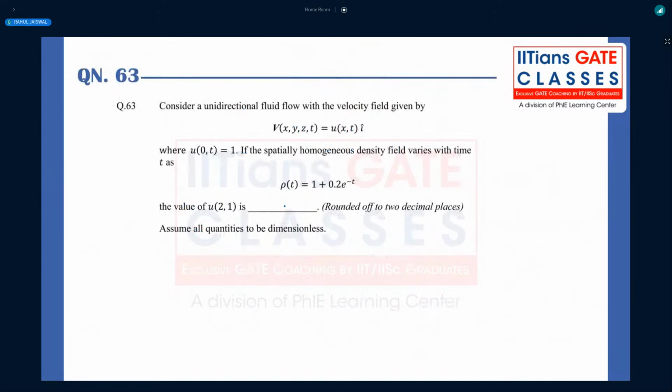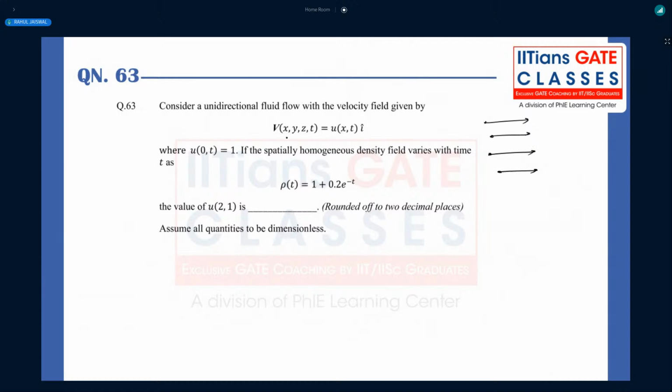Now moving on to this question. Once again, it is a very easy one if you know the general continuity equation. If you see this question, consider a unidirectional flow field, meaning the flow is happening in one direction, and we are not bothering about the other directions, given by the flow field U i cap.